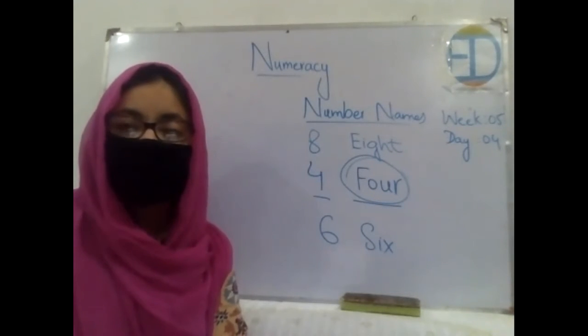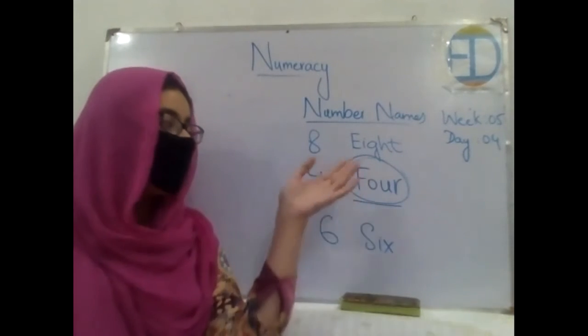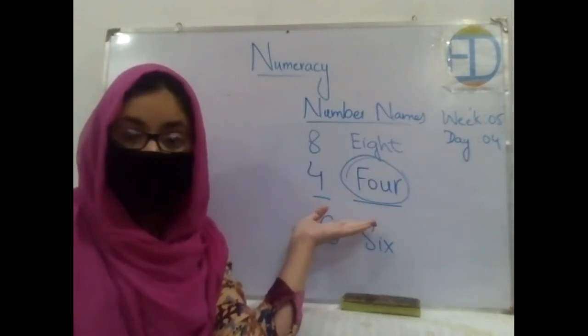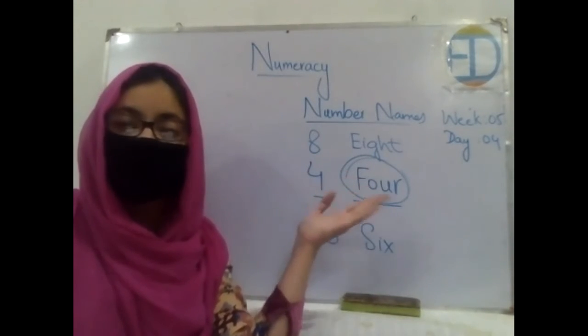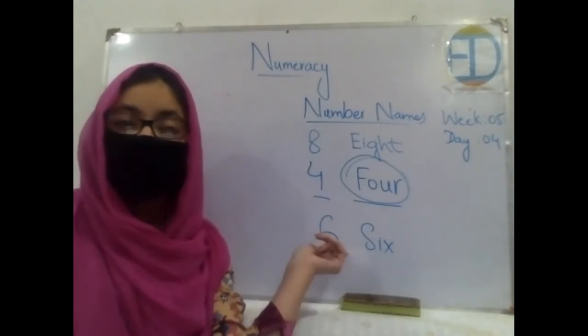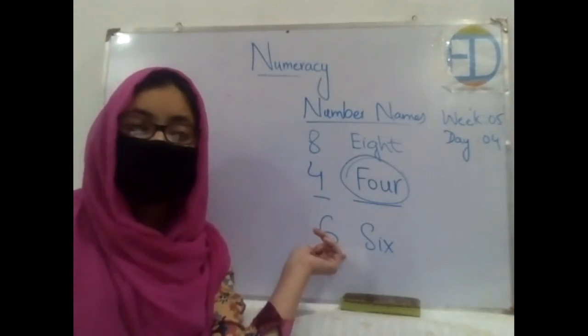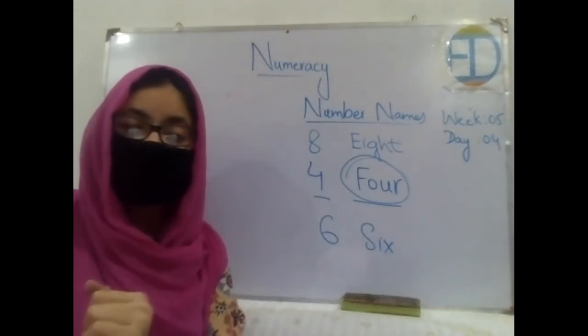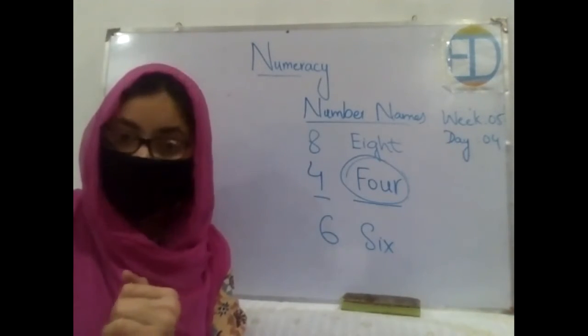Okay, who is going to tell me the spellings of 4? Already written over there. Then 5. FIVE 5. Excellent. Then what comes after that? 6. SIX 6. Excellent. Okay, what comes after that? 7.